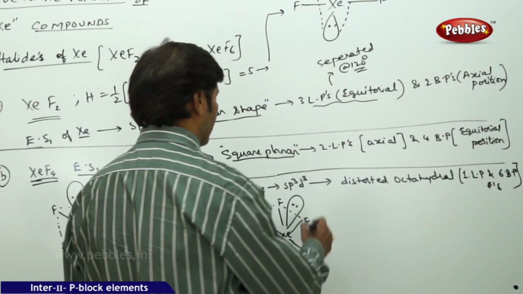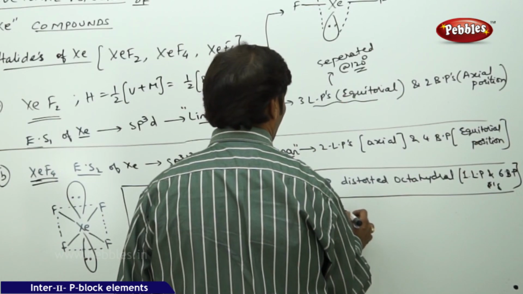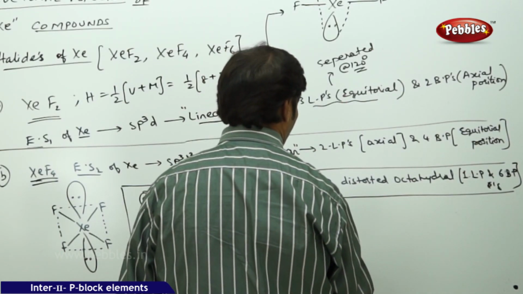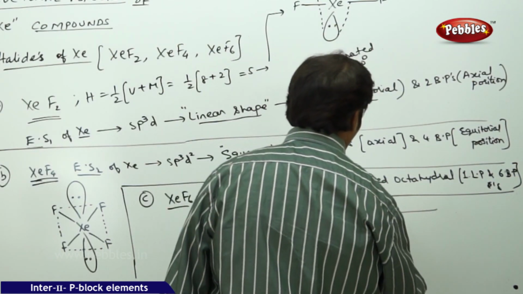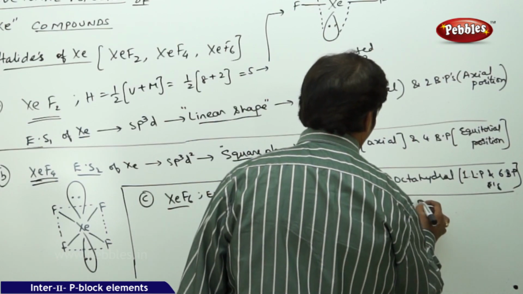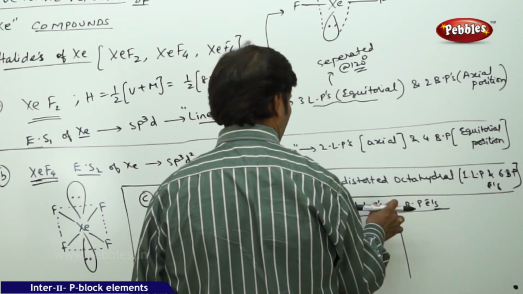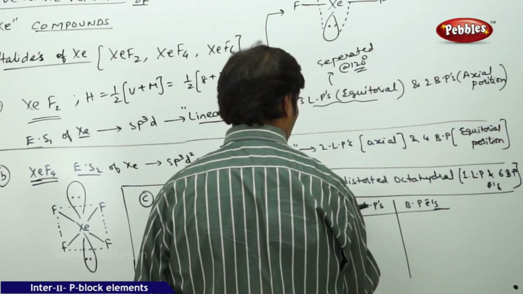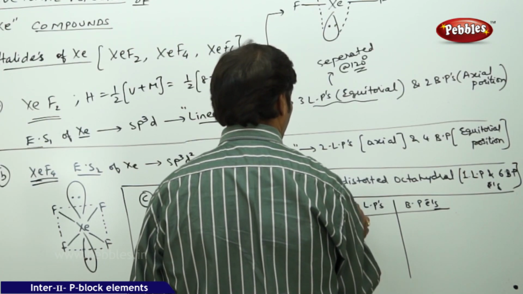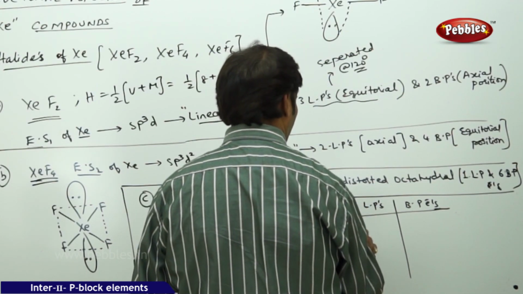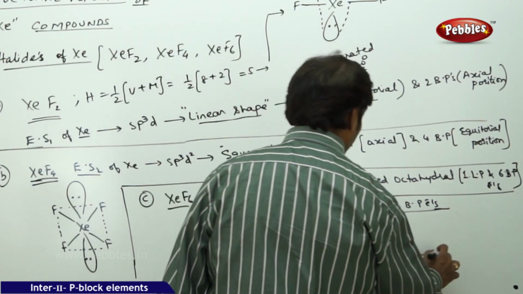From the structure it is very clear that definitely one lone pair exists in the case of the XeF6 molecule. So for the halides of xenon, I will take XeF2, XeF4, and XeF6.